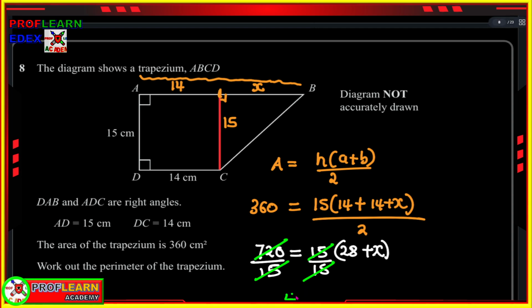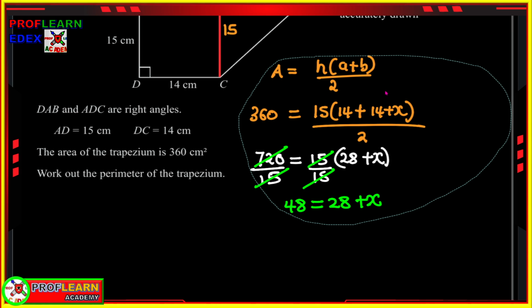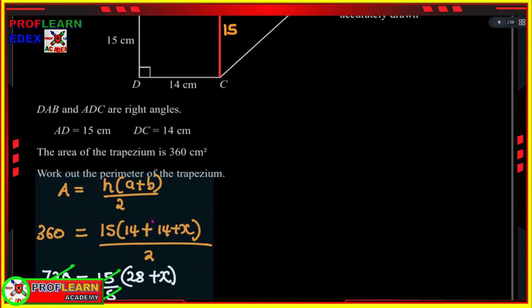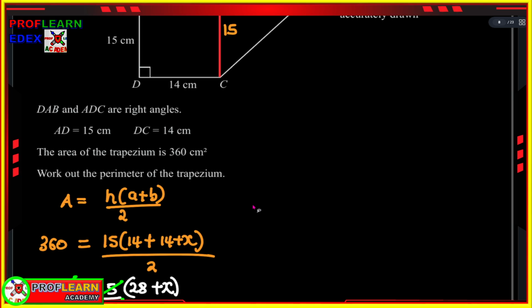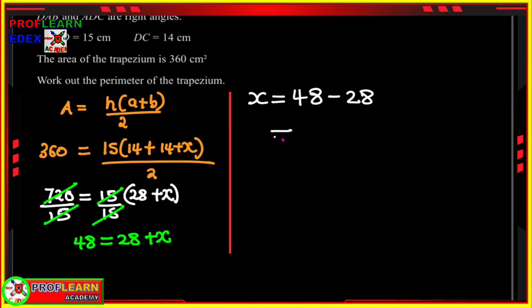So 48 is equal to 28 plus X, which means the value of X is 48 minus 28, and that is going to be 20.